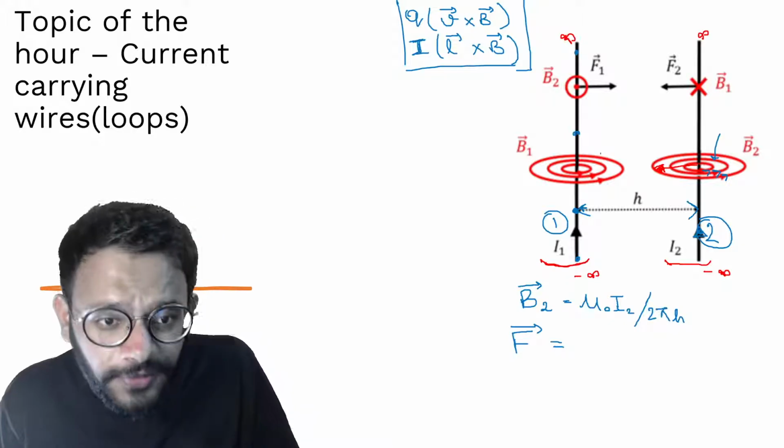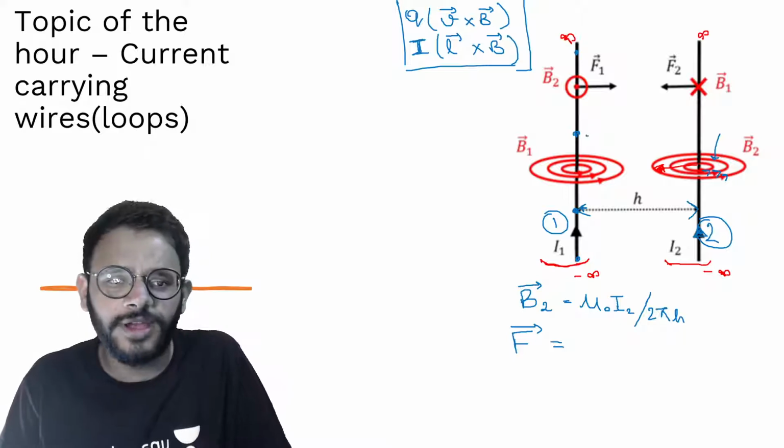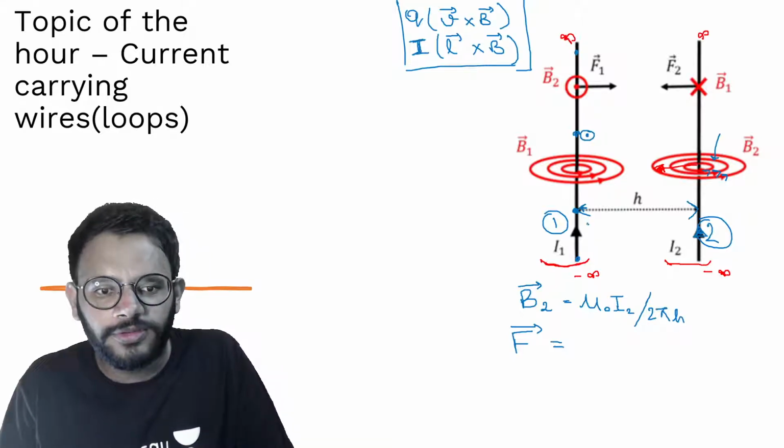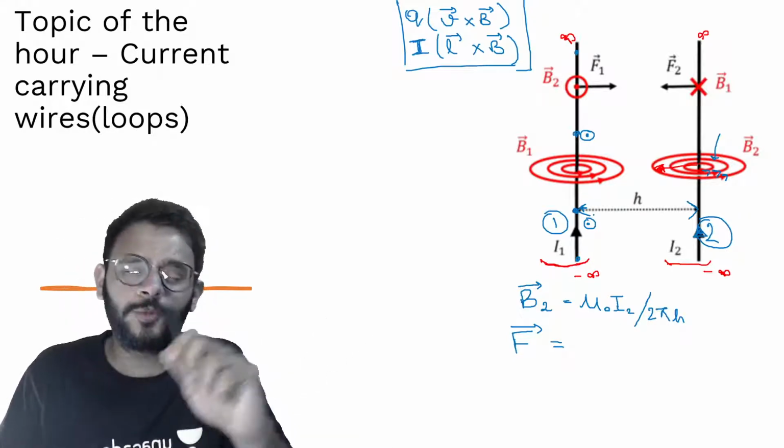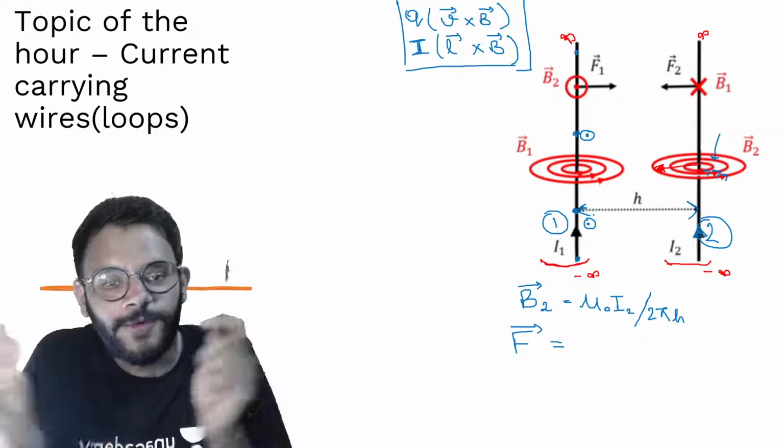So the magnetic field on this point 1 is coming outwards. It's coming outwards everywhere on that wire.